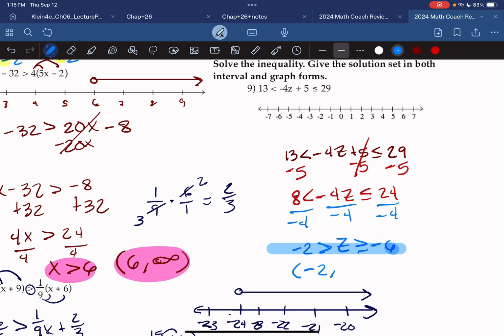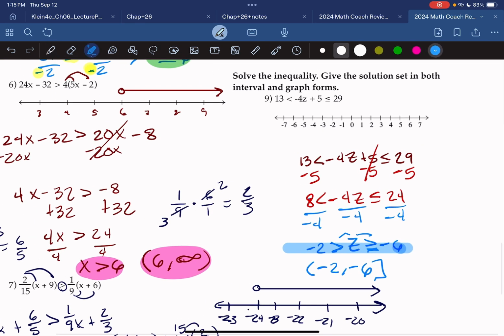And the other end, which in this case does have an equal to sign, gets a bracket. Also, this is z is less than and z is greater than. If I misspoke, I'm sorry. But okay. So that's the interval notation.